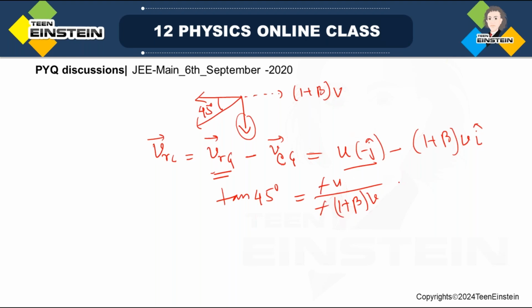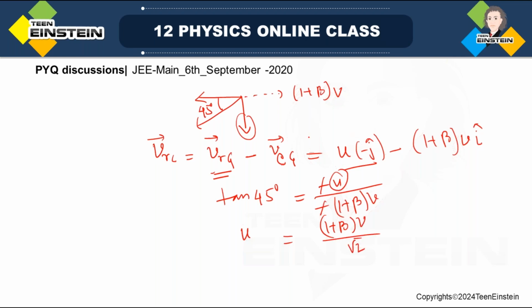So u will be actually 1 plus beta into v by √2.